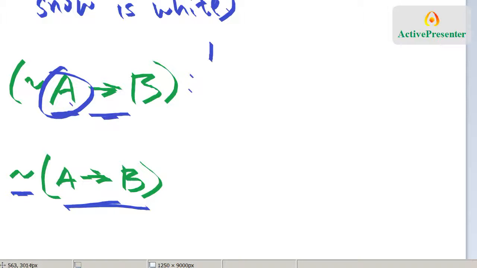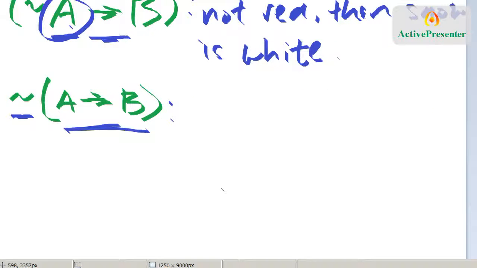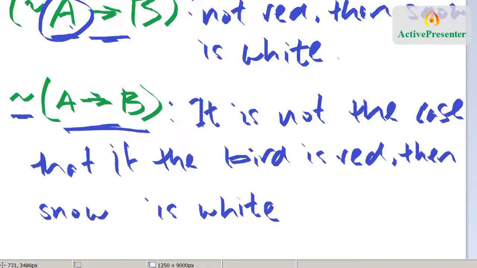So our first one is going to be if, what is A again? The bird. And our second one is going to be it is not the case that if the bird is red, then snow is white.